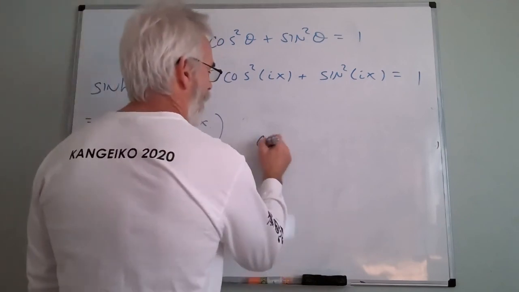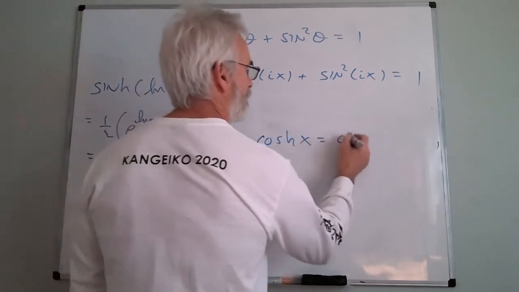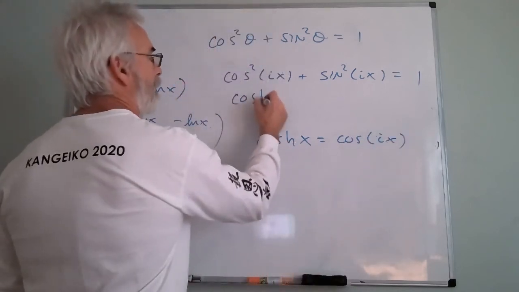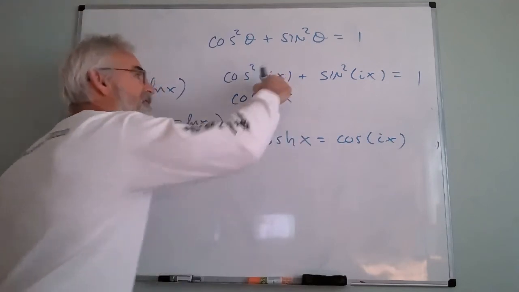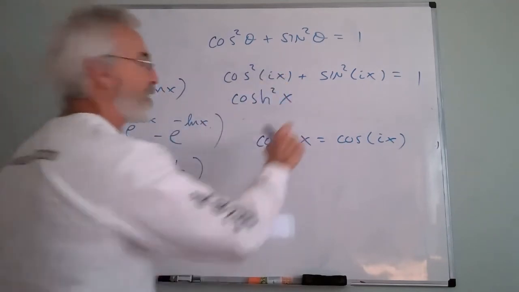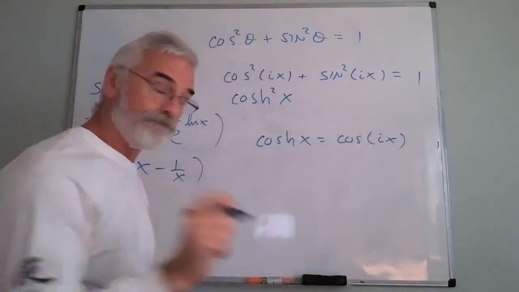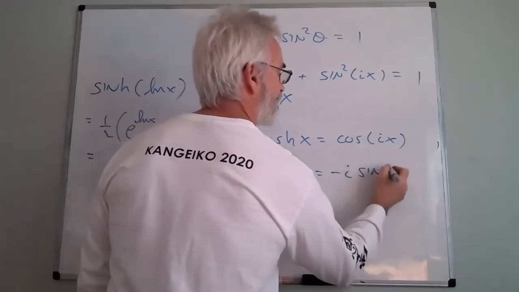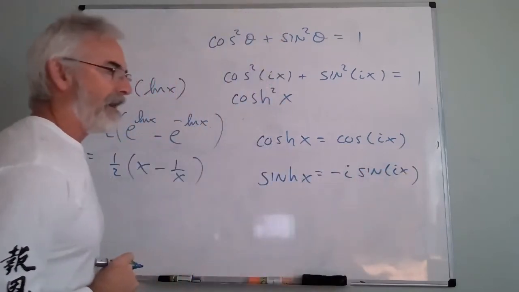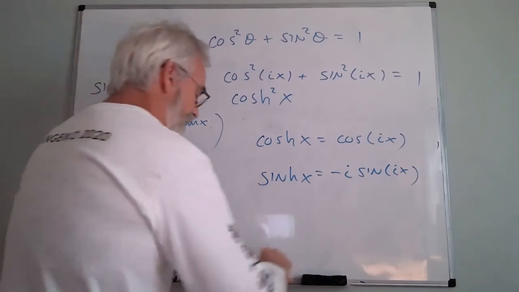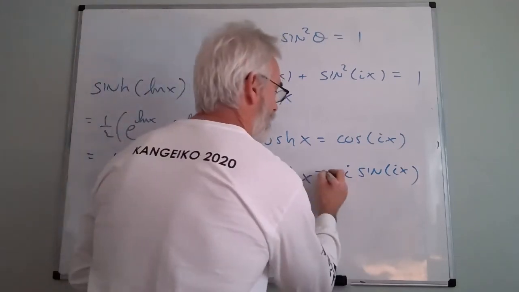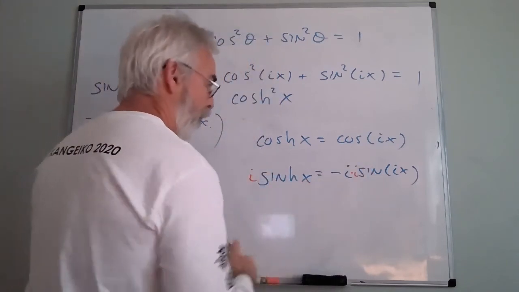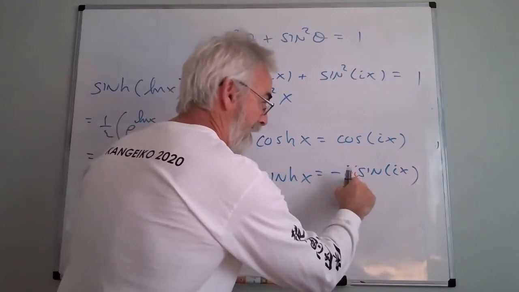Now, the hyperbolic cosine of x we know is the cosine of ix. Okay, so this is simply the square of the hyperbolic cosine. And by the way, I put the square right here. But this is not the square of the hyperbolic sine. Because the hyperbolic sine is negative i times the sine of ix, if I multiply both sides here by i, we know that negative i times i is positive 1.